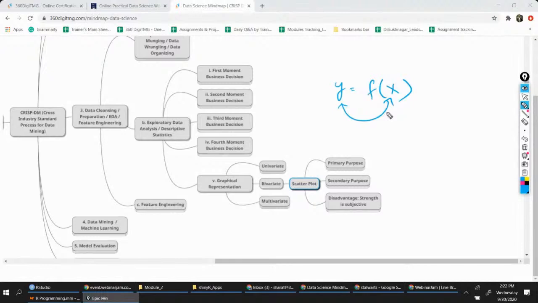So what is that best fit equation, friends? Can you think of the concept that we discussed yesterday? What is that? OLS, very good.